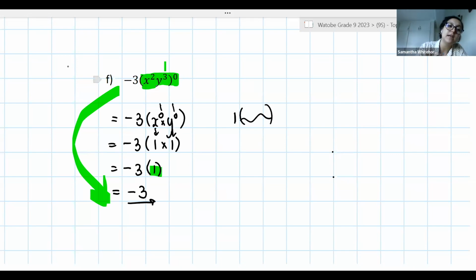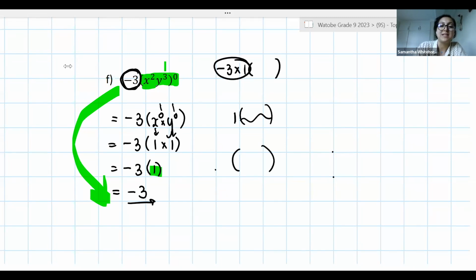However, in this case, there is that negative 3 in front of the bracket. So technically our coefficient to the bracket here is negative 3. You could think of it as negative 3 times 1 and then the bracket. So the 1 is still there, but the 1 in front of the bracket really only applies when there's nothing else in front of the bracket. Then we know that there's a 1 there. Okay, ma'am. That makes sense. Thank you. Okay, good.